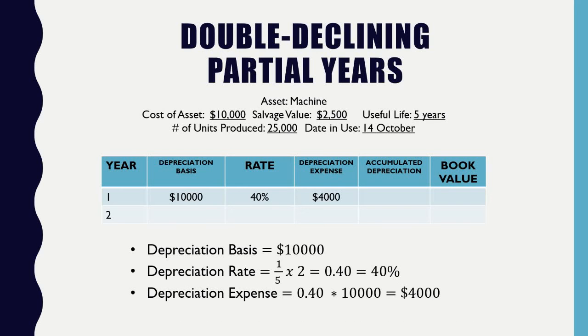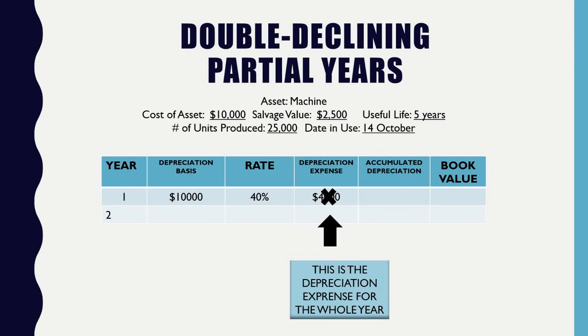Okay? So here we know this, right? But this is solving depreciation expense for one entire year. What is the one thing that we know? Did we actually depreciate it for the full year? No, because it started in October. Exactly, no. We are not going to use that depreciation because this depreciation is for the whole year.